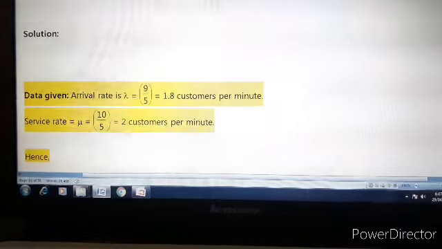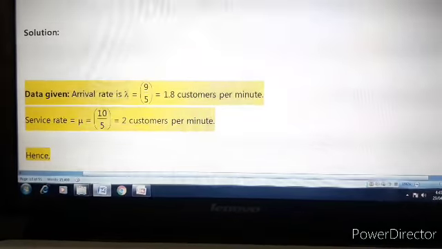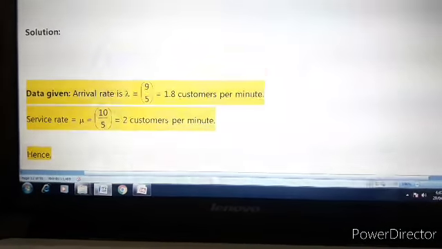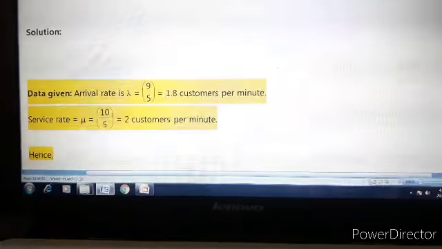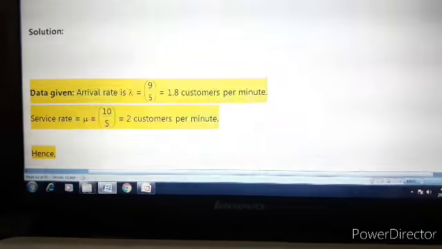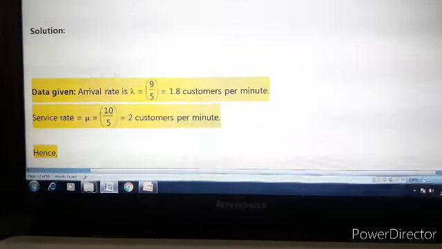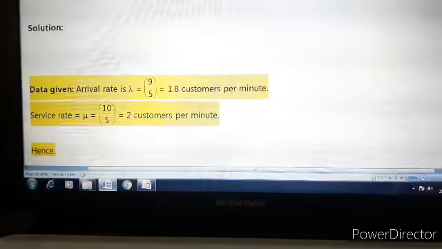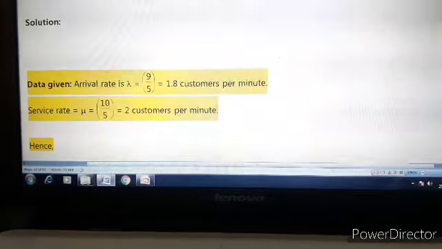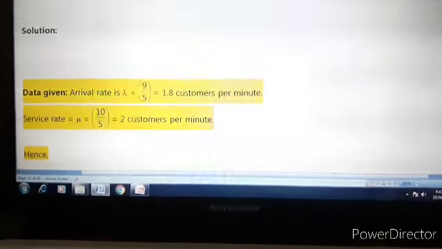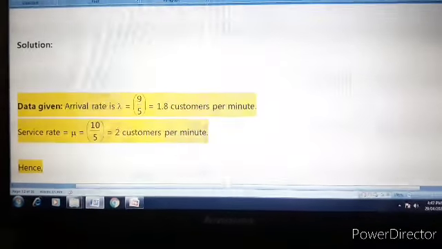This is the definition of the arrival rate, lambda. 9 customers in 5 minutes, so 9 by 5, which is 1.8 customers per minute. Then the service rate mu: 10 customers in 5 minutes, so 10 by 5, that is 2 customers per minute. First of all we always have to define lambda and mu per unit time.